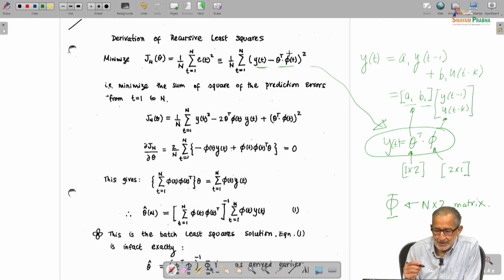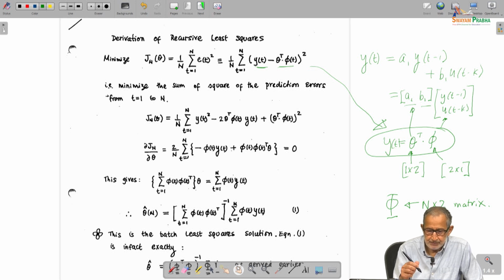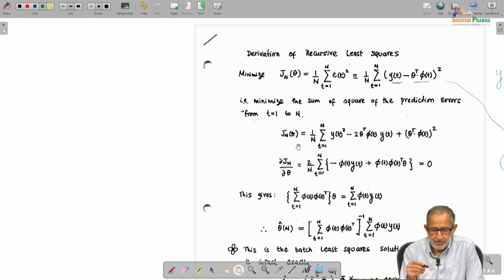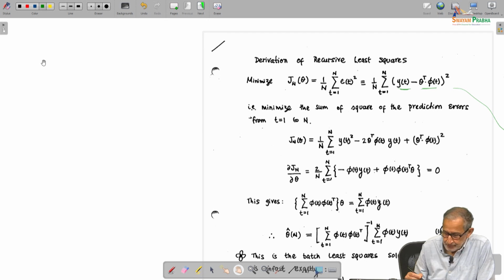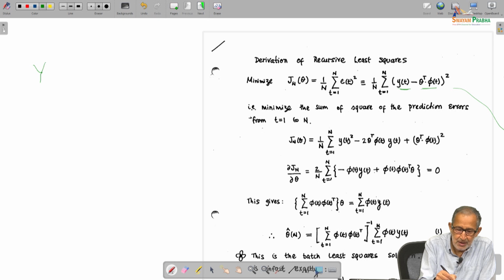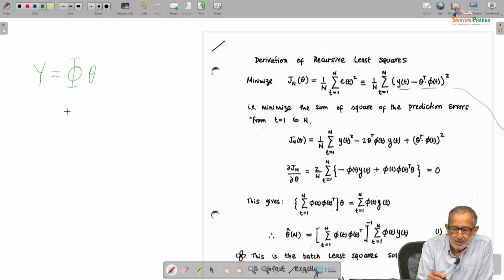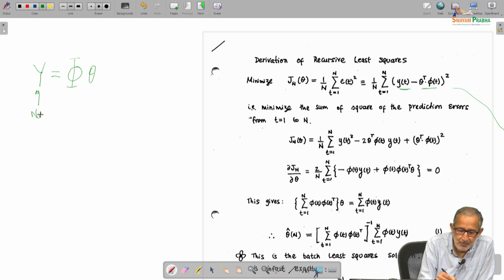Now before we begin, I also want to show you something else. Remember, we had the expression y equals phi times theta. Recall this was n by 1, this was an n by 2 matrix, and this is a 2 by 1 vector.